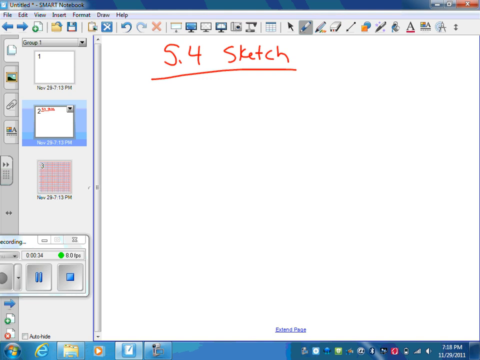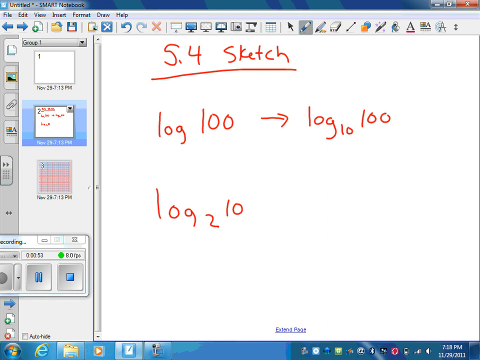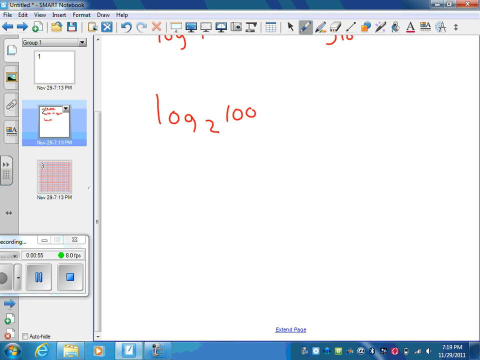So in other words, if I just calculate the log of 100, what I'm really calculating is log base 10 of 100. If you want to change the base, like log base 2 of 100, there's a formula to do that.